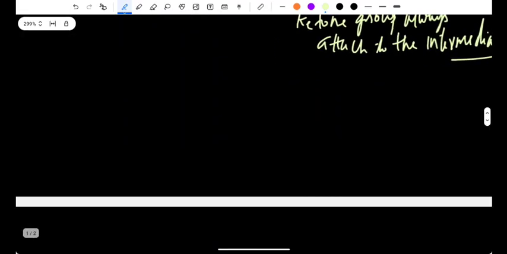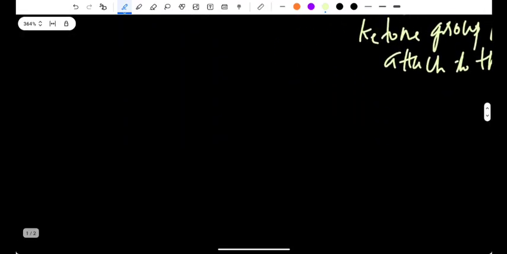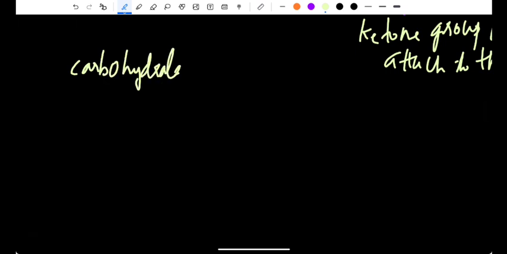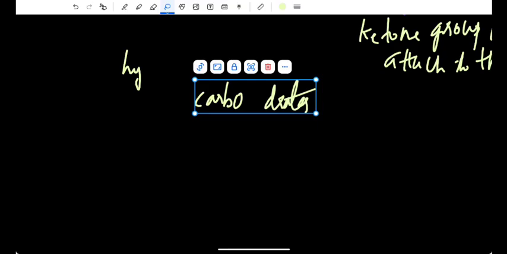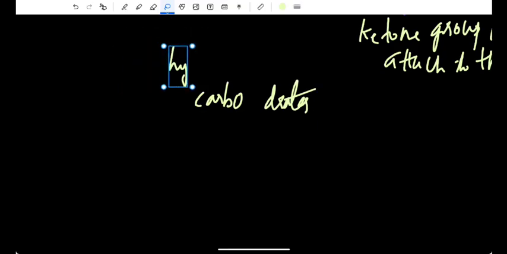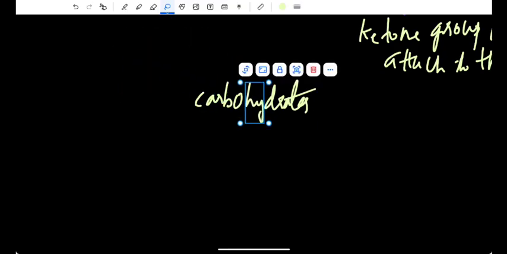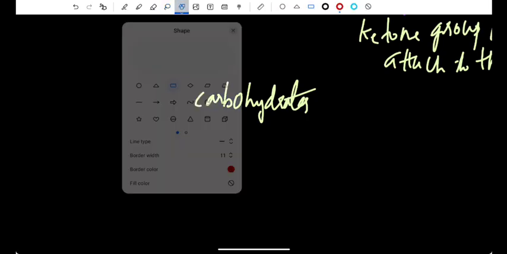Now, carbohydrates are called saccharides. They are called saccharides.